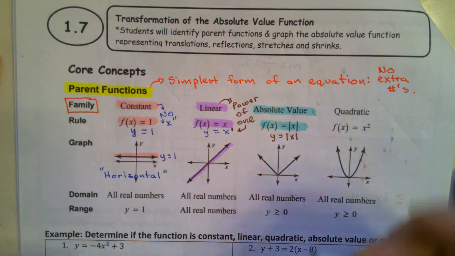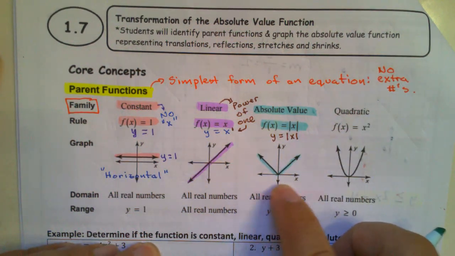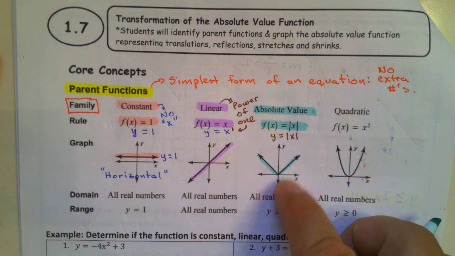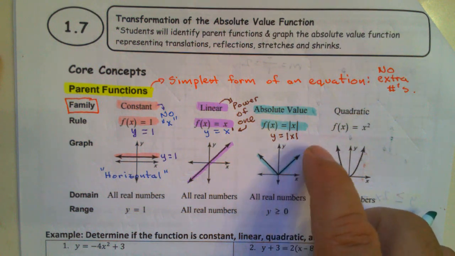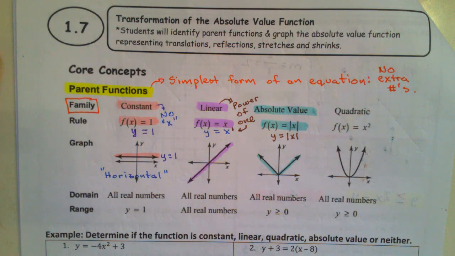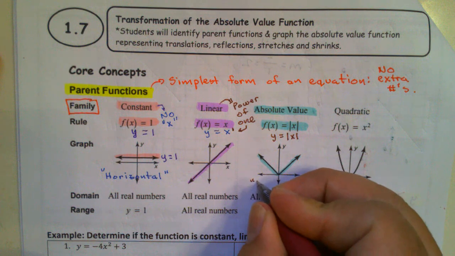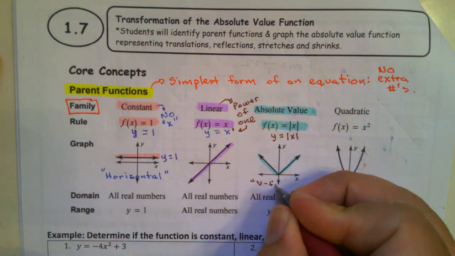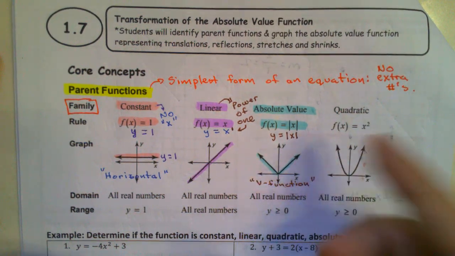So when you look at your graph, that's why the graph never dips under the x-axis. And so when we were graphing it the other day, even though we were throwing negative numbers in there, they were still turning out positive because that's what an absolute value does. But again, we'd also like to give this one a little name. We call it the v function. And just by looking at the picture, well, I think you understand why we call it the v function.